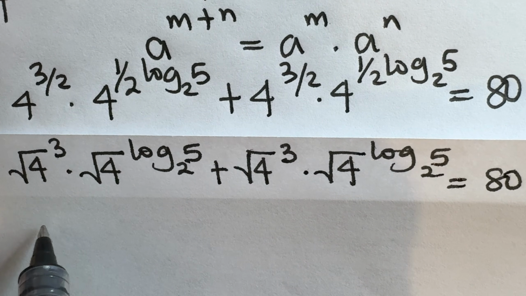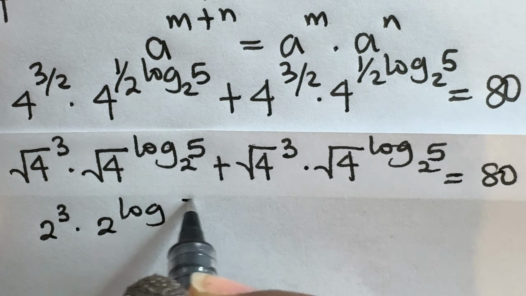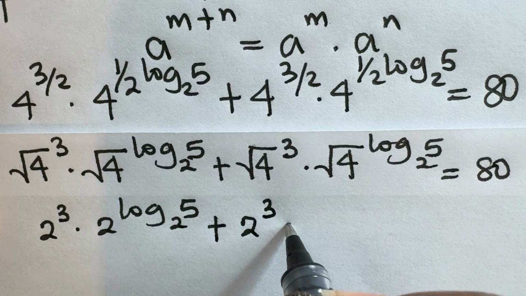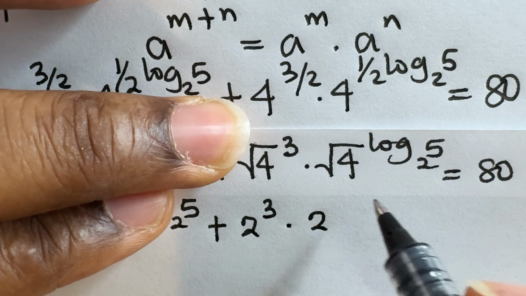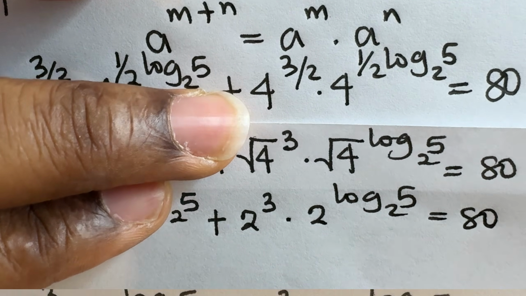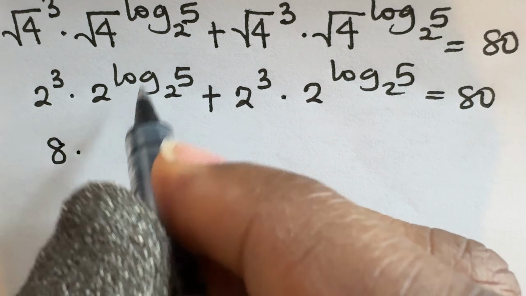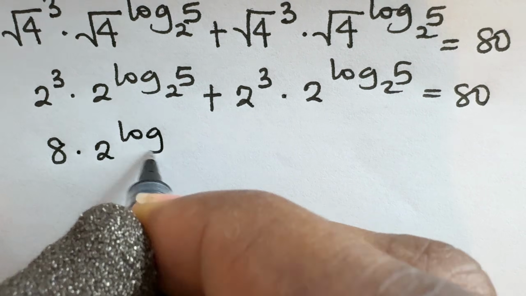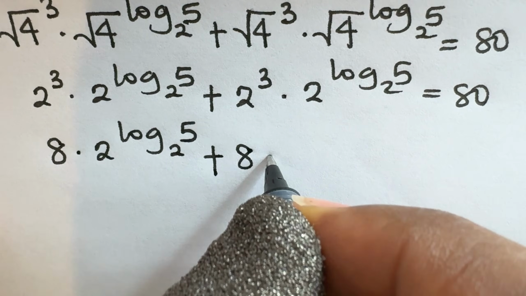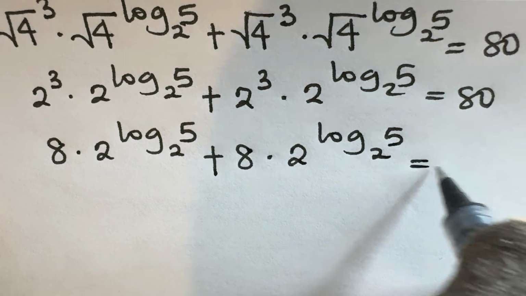Square root of 4 is 2, so we have 2 raised to power 3, then times 2 raised to power log 5 base 2, plus the same thing, 2 raised to power 3, times 2 raised to power log 5 base 2 to give us 80. 2 raised to power 3 is 8, so we have 8 times, this remains the same, 2 raised to power log 5 base 2 plus 2 raised to power 3 is 8 times 2 raised to power log 5 base 2 to give us 80.